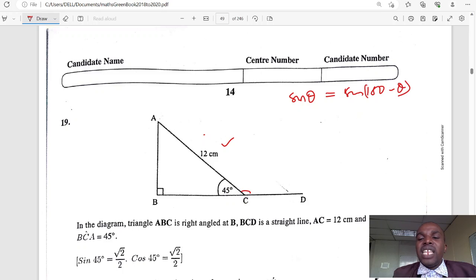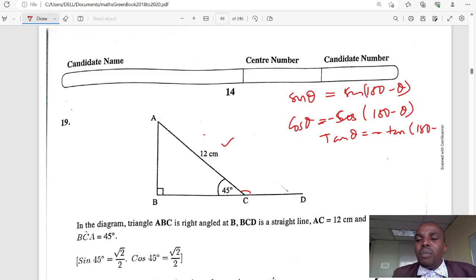That's the relation between supplementary angles, two angles that add up to 180. If it's cos theta, given that theta is acute, which means less than 90, then it's minus cos of 180 minus theta. And tan theta is minus tan of 180 minus theta.